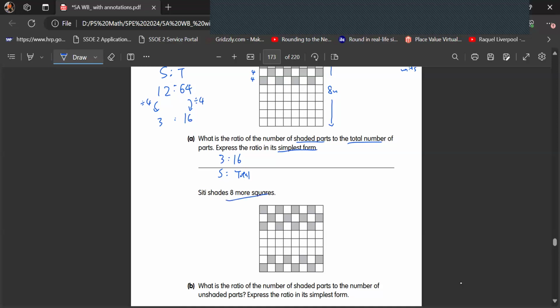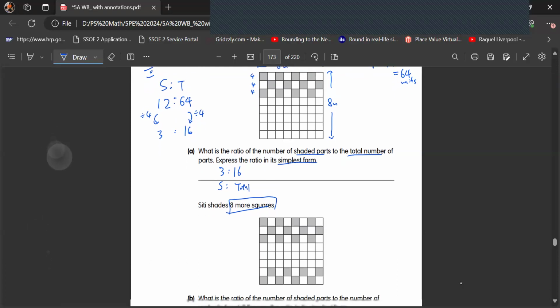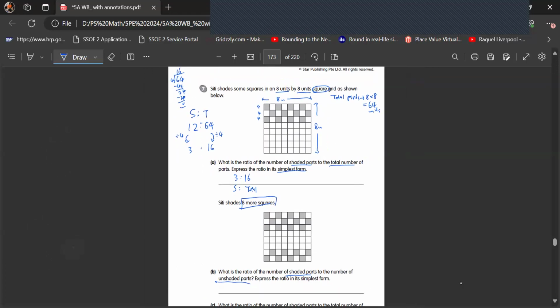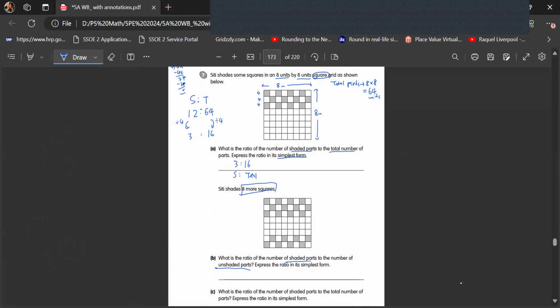The next one says the city shades 8 more squares. Do you think the ratio will change now? Yeah. So now there's a challenge part. The next question asks for shaded to unshaded, not total. So question B is more difficult because it asks for shaded versus unshaded.